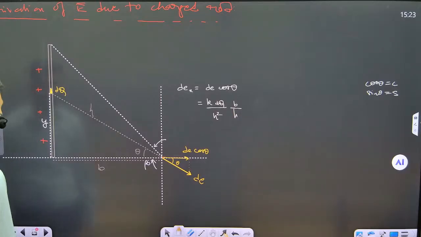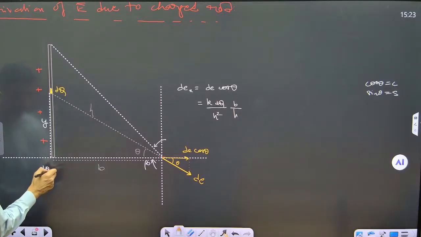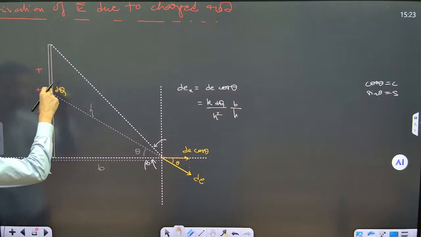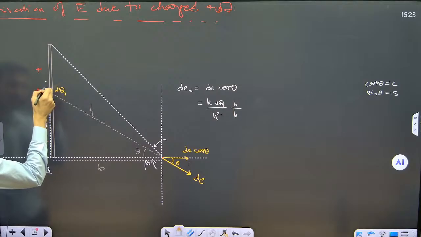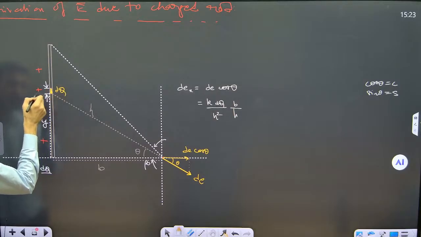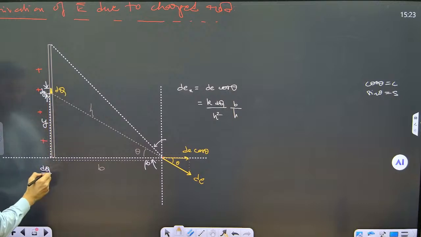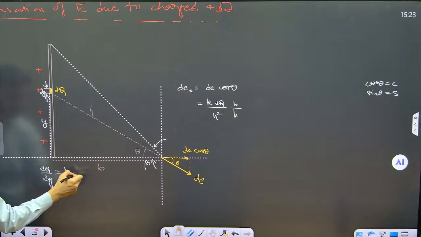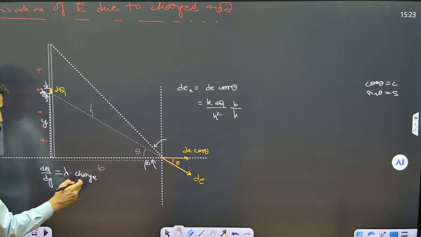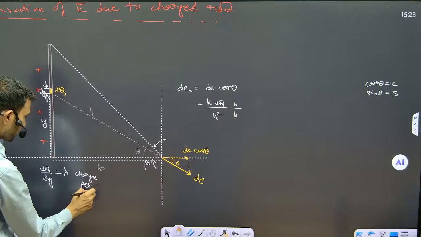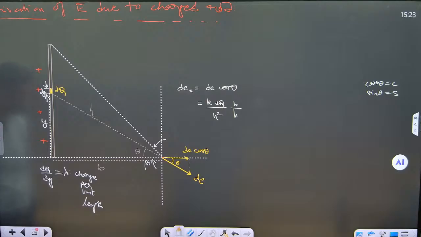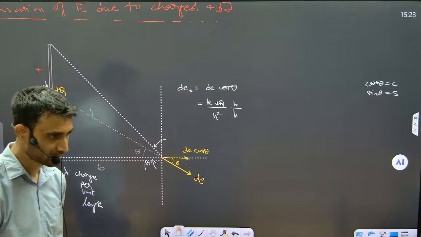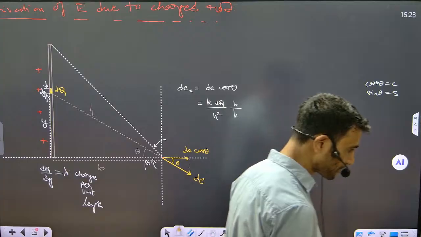Now, I can also write that small charge dq upon the small vertical distance dy, you see this distance is dy, right? So I can write dq by dy is lambda. Lambda is what? We have seen this already. Charge per unit length, that is your lambda.